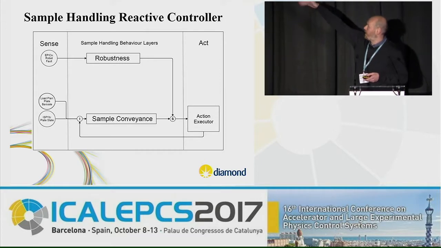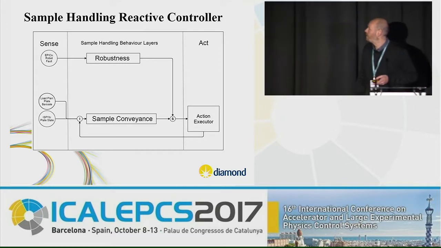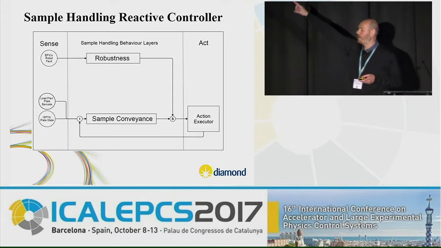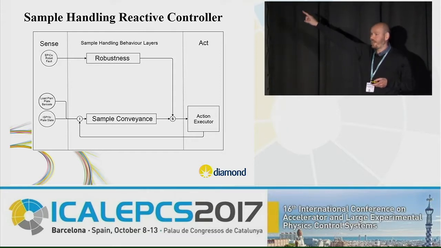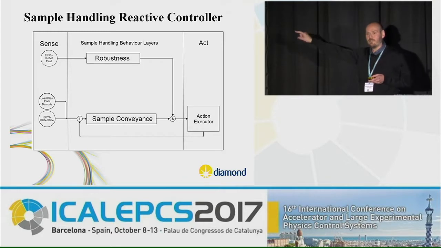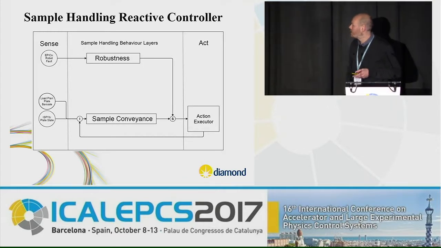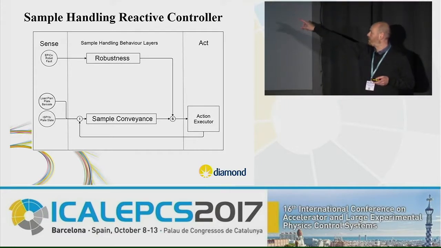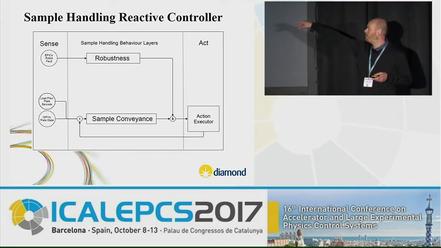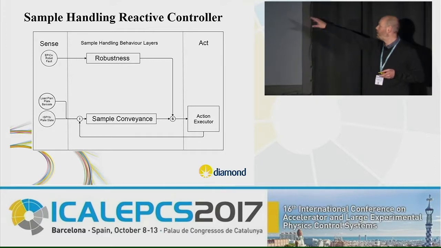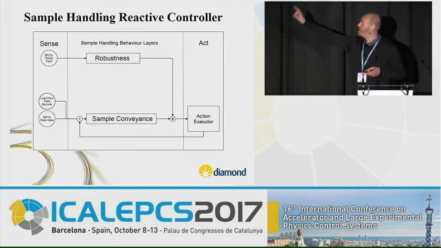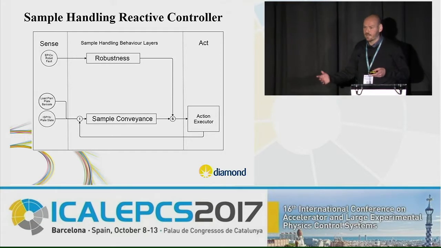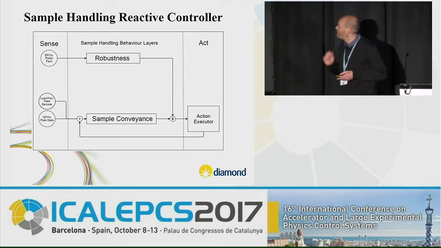If these 2 behavior layers are fired together, then the higher level behavior's action will be selected over the lower level behavior. This is what the S is here, suppressing the output from the lower level behavior, and then it's presented to its action executor, and its action is then acted upon.